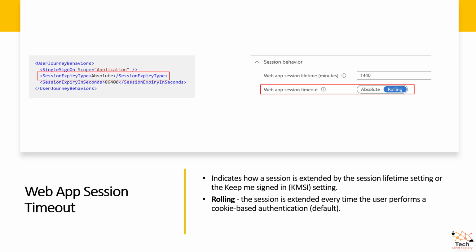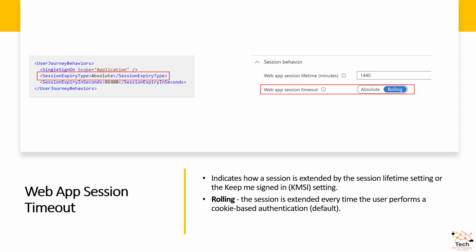So we have two kinds of expiry types for sessions. The rolling one: the session is extended every time the user performs a cookie-based authentication, and this is the default configuration. So every time we contact Azure AD B2C, our session is extended. And it's very important to mention that.